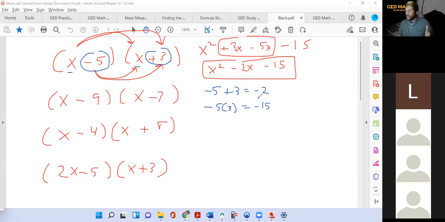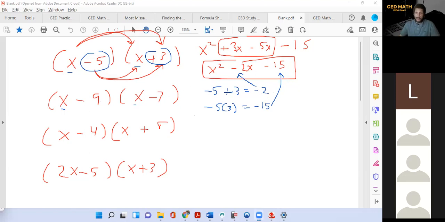Remember, math is about patterns. What you should notice is this is going to be your middle coefficient, and this is going to be your last term. As long as these are the same, you combine the two numbers to get your middle term, you multiply the two numbers to get your last term. So everybody see that -2 and that -15.